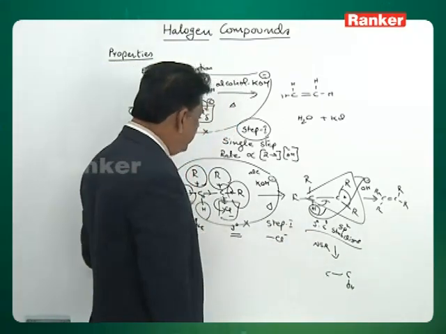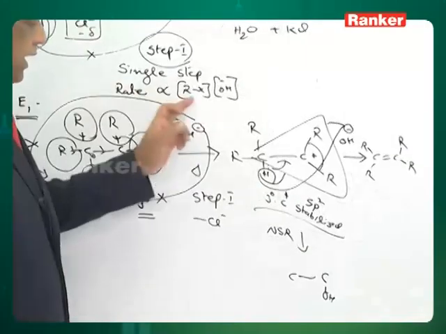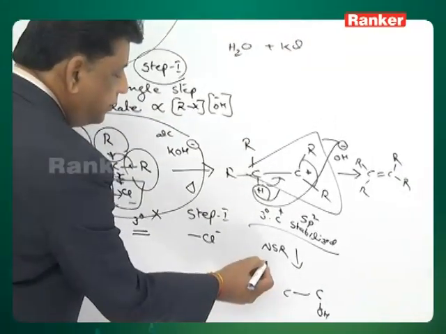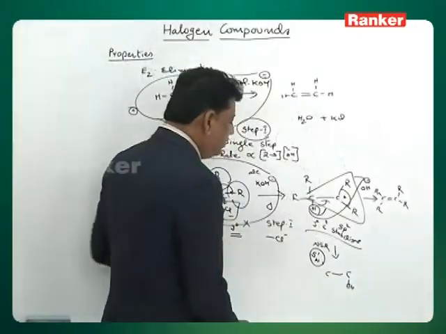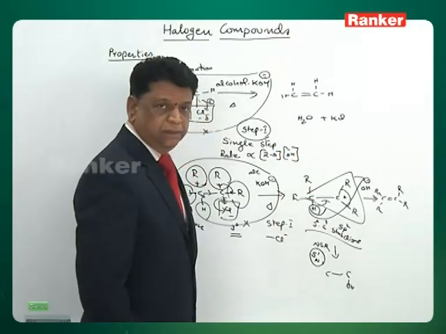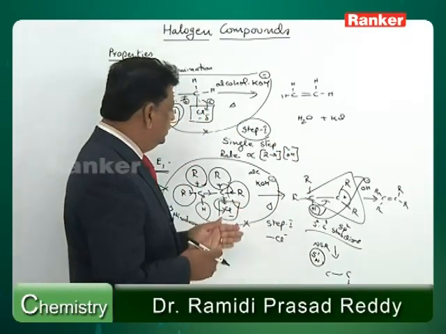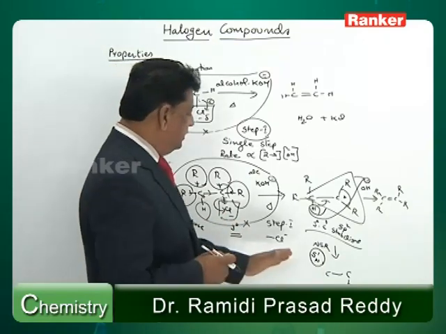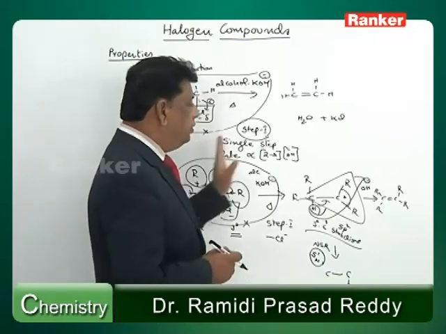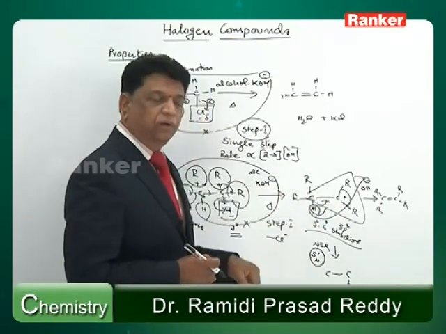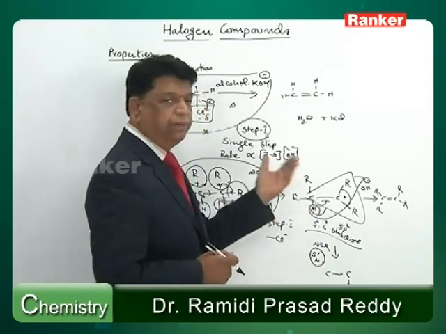That means whenever the elimination is taking place through the E1 mechanism, there can be a substitution nucleophilic one molecular, that is an SN1 reaction, also taking place. So, there is always a parallel reaction to this E1 mechanism, there is an SN1 mechanism also. Always 100% E1 you never expect, always a small quantity goes into the SN1. Similarly, in the SN1 you may expect an E1.